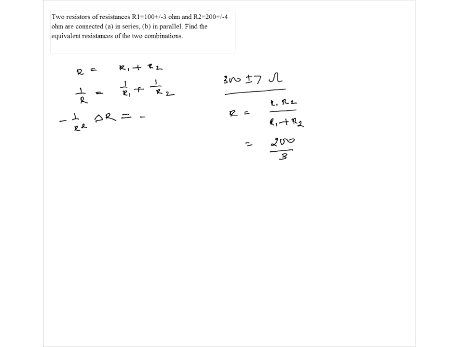Then here also it will be the same story. Differential in R1, change in R1, that is. Differential in R2. I want delta R. Delta R by R square is delta R1 by R1 square plus delta R2 by R2 square.